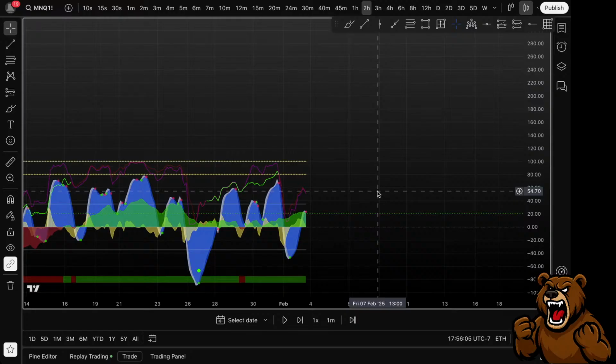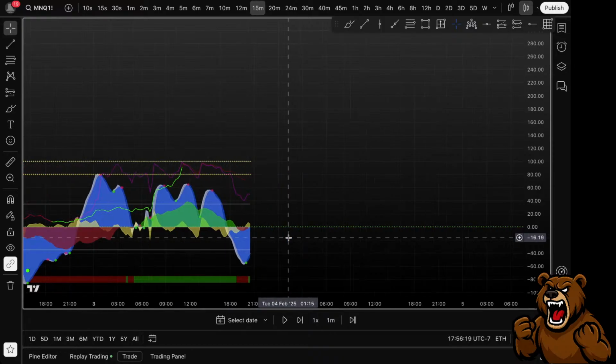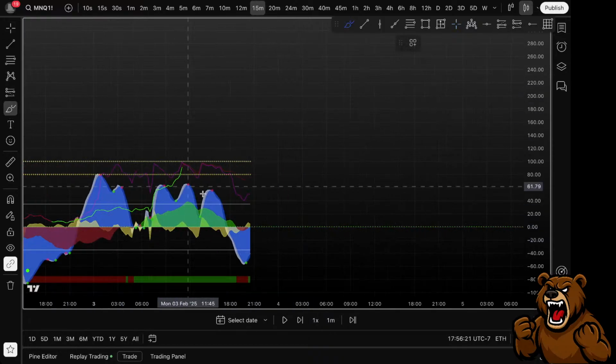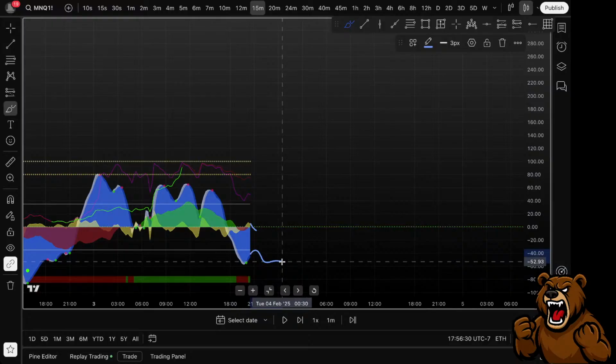Just so y'all know, the 2 hour is really influencing my love for this trade. A lot of it's riding on whether we can see this VWAP push down and keep this momentum low.